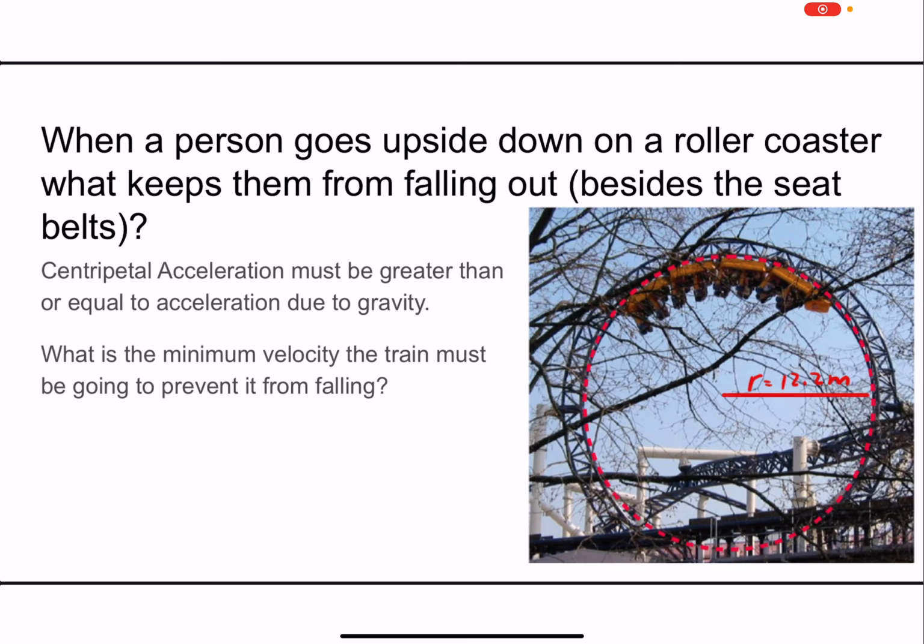If we remember that acceleration due to gravity is 9.8 meters per second squared, we can calculate the minimum velocity the train must be going to prevent them from falling off the track. We'll see that the radius is 12.2.